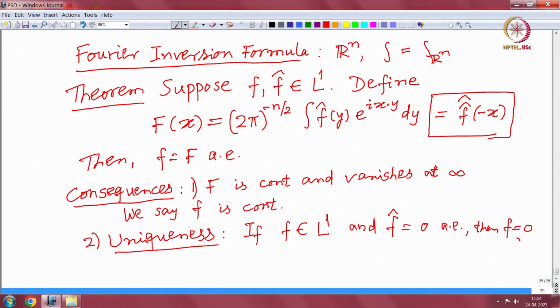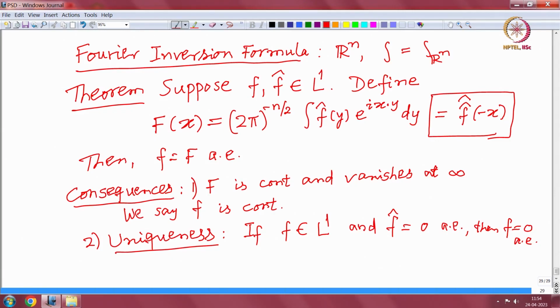Sometimes one will not say almost everywhere every time; equalities are always understood in the sense of almost everywhere. Okay. So, f cap equal to 0 means that f cap is in L1, so we can apply the inversion formula and that is why we get f equal to 0.